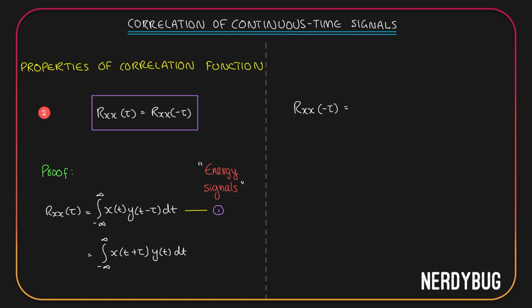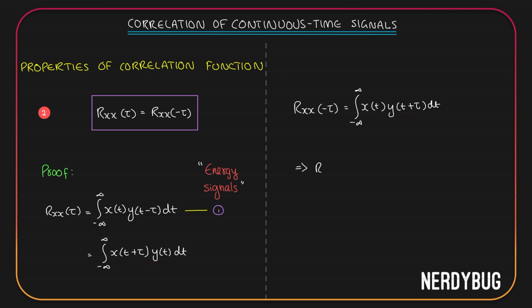If I take minus tau instead of tau here, I will get plus tau instead of minus tau here. So it will be integral from minus infinity to infinity x of t y of t plus tau dt. But this is the same as this.